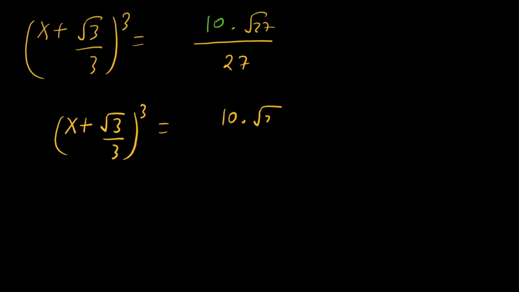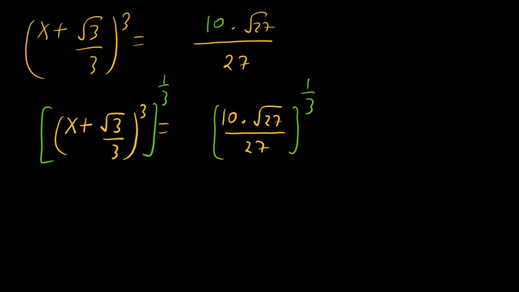If we take the power 1 over 3 on both sides, then on the left hand side we apply the rule (a^m)^n equals a^(m times n). If we apply this rule here, then this 3 and this 1 over 3 are multiplied, and that is the same as 1.